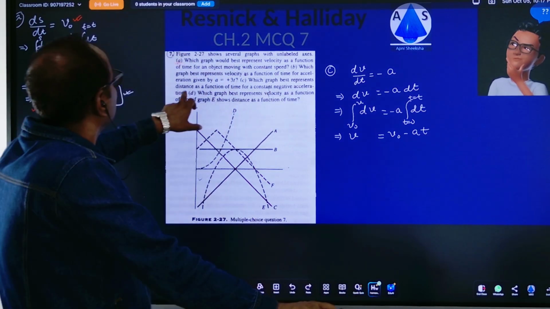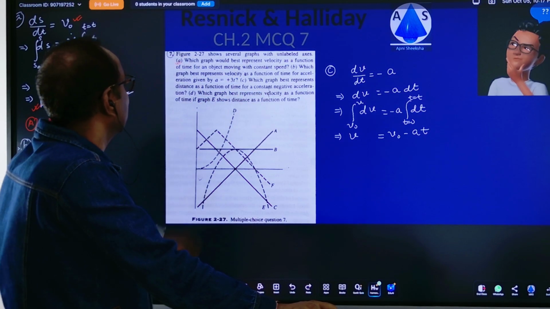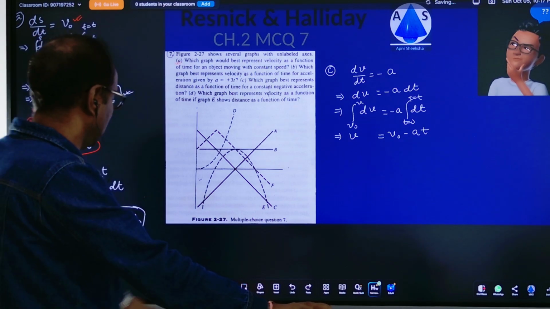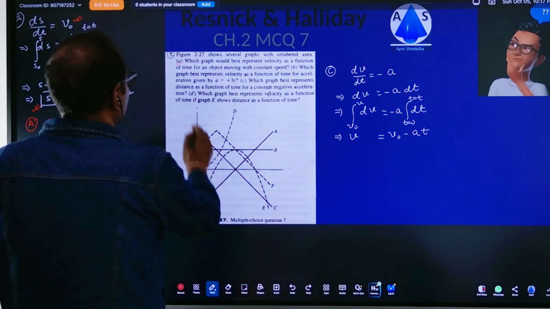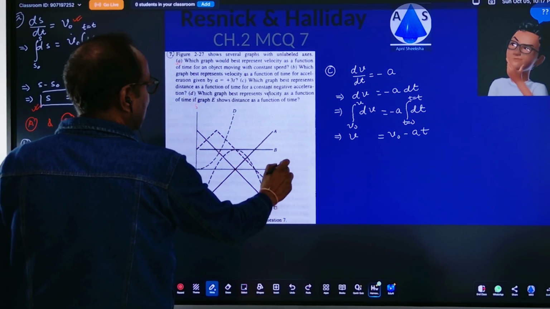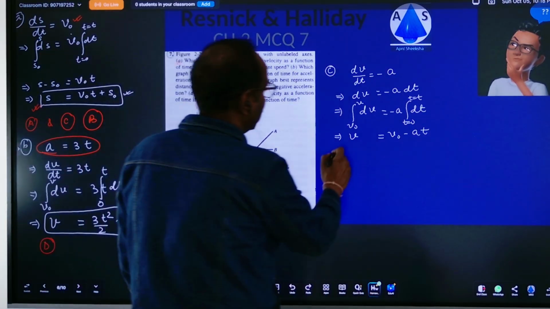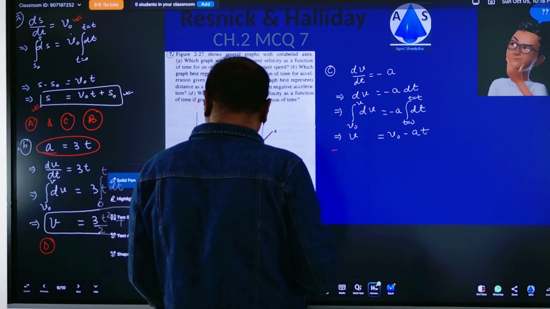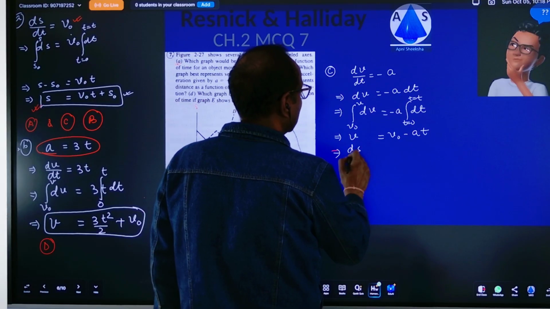Which graph best represents distance as a function of time for a constant negative acceleration? Means we should take this as S and this as T. So we should further bracket V, we know that it is dS by dt.